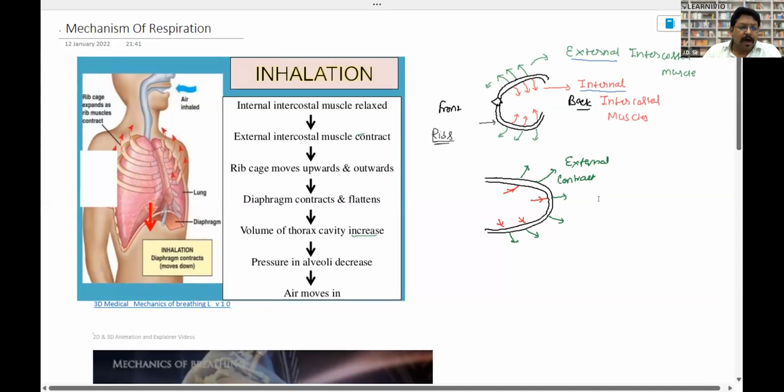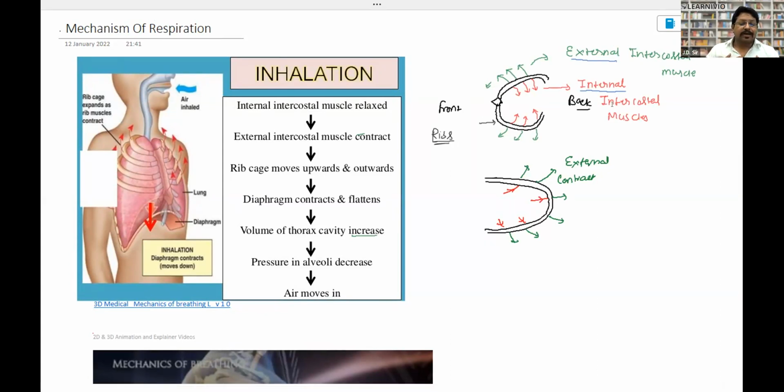Now, how do we take the air inside, how does inhalation take place? First, the internal intercostal muscles relax, and the external intercostal muscles contract.